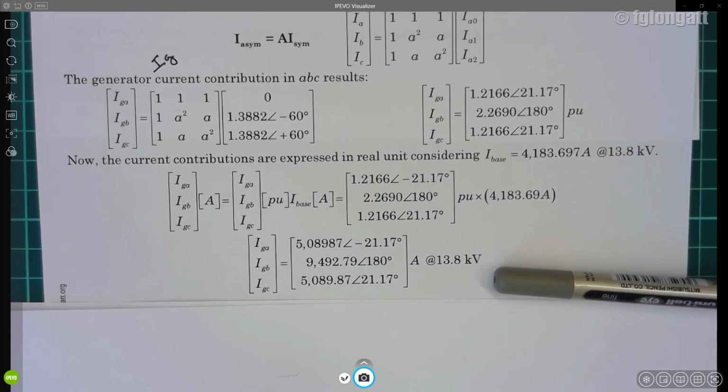In example 3.5, we calculated all the contributions, remember, coming from the generator and coming from the motor.